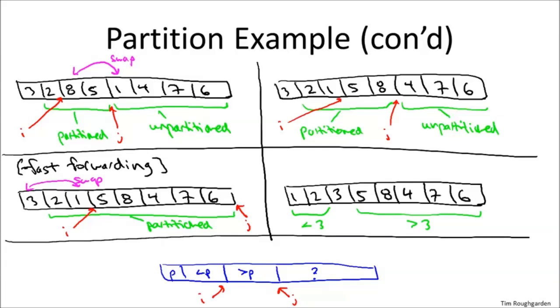So hopefully from this example you have a gist of how the partition subroutine is going to work in general. But just to make sure the details are clear, let me now describe the pseudocode for the partition subroutine. So the way I'm going to denote it is there's going to be an input array A, but rather than being told some explicit length, what's going to be passed to the subroutine are 2 array indices: the leftmost index, which delineates the part of the subarray you're supposed to work on, and the rightmost index.